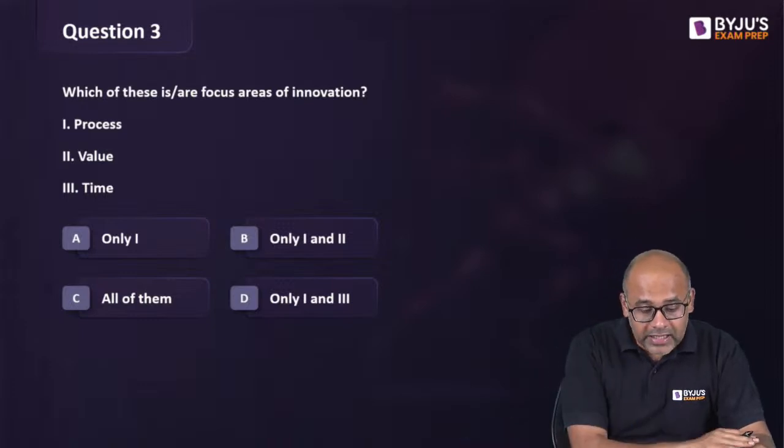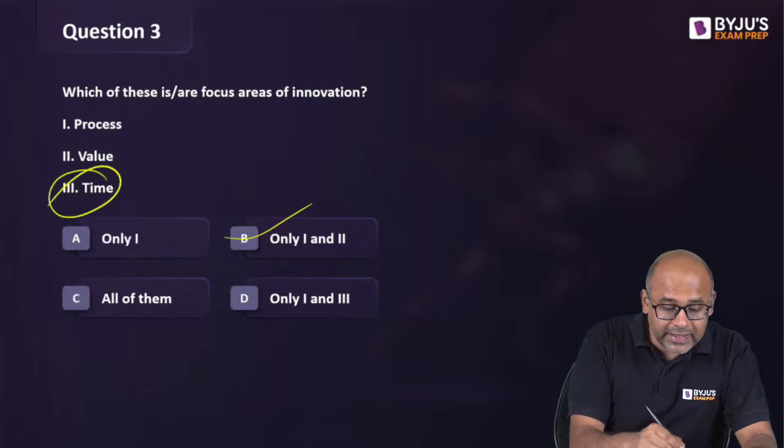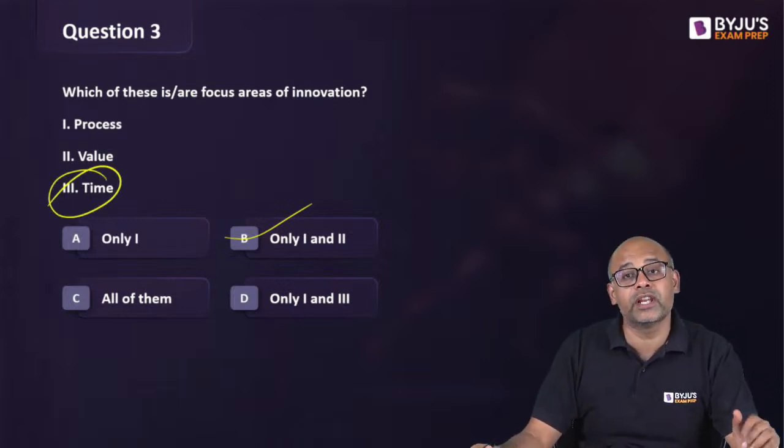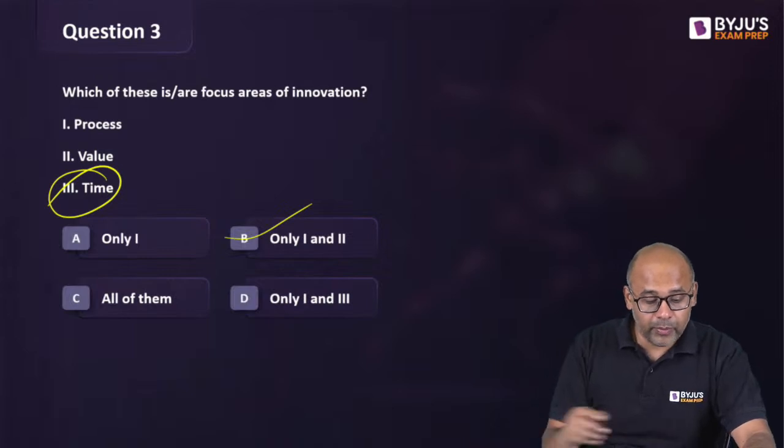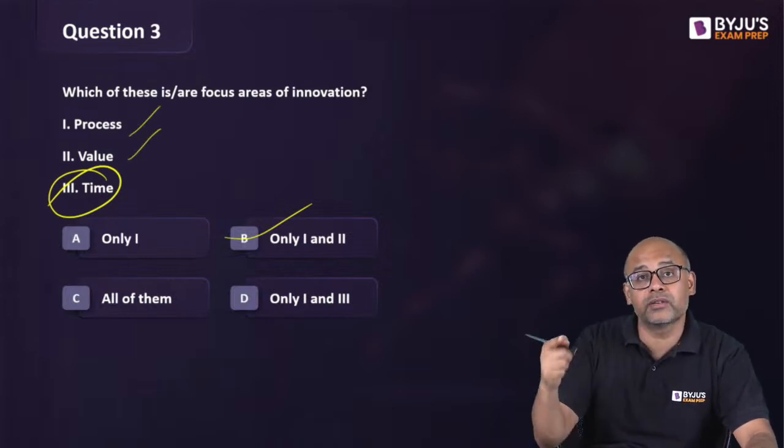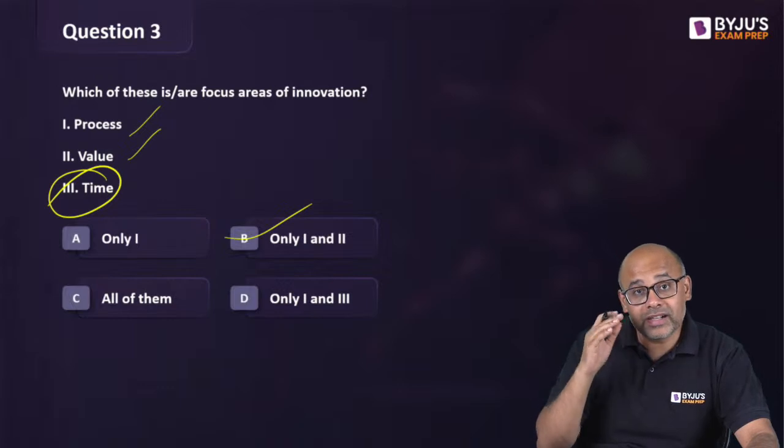Very good. So the answer for this is only one, and if you notice, time is not a focus area for innovation. There were six focus areas we saw, but time is not one of them. I hope you remember the six, but let's move on. Process, value, both of them are two of the six. Time is definitely not.